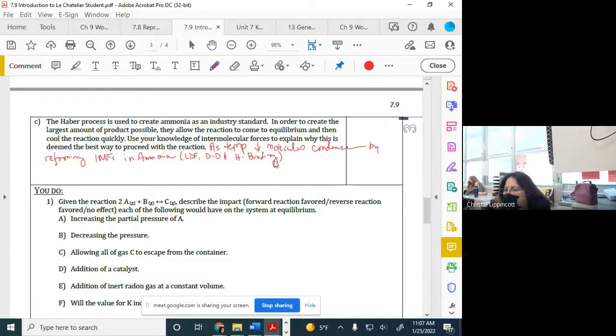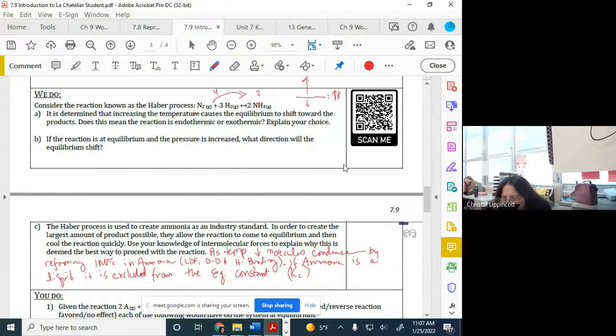So if we do that, if this turns into a liquid, it is excluded from the equilibrium constant, the Kc value. Kp, is it gases?